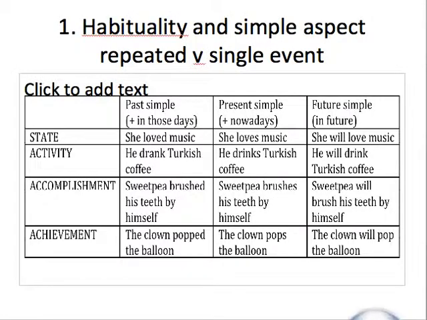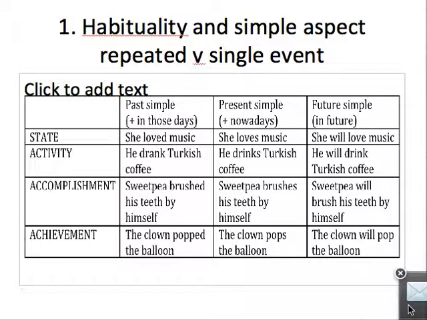So here's the one where we can begin to combine lexical aspect of verbs and the grammatical aspect. And here is the first notion of simple aspect as it relates to habituality.